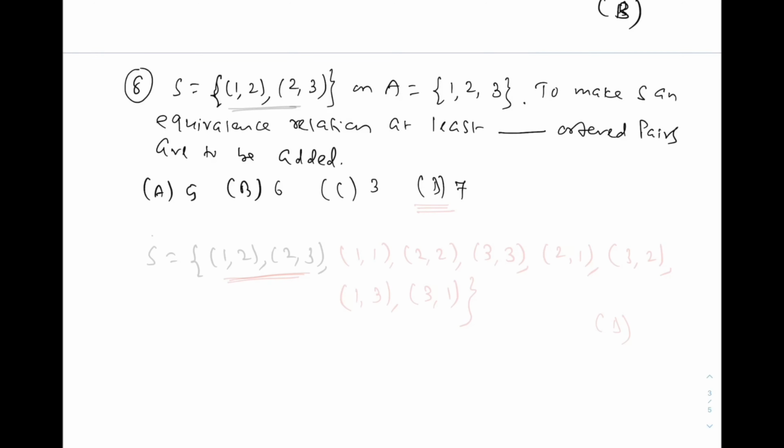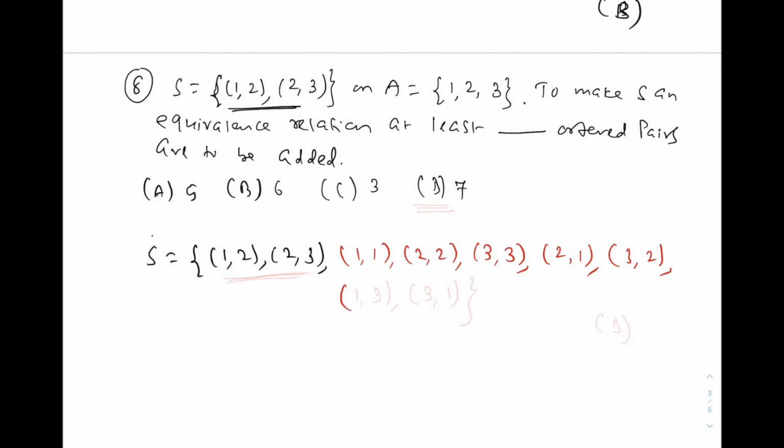Now to make the equivalence relation, these two elements should be there inside the set. So (1,2), (2,3) already there. Now let us see how many pairs we need to add. For reflexive you must need (1,1), (2,2), (3,3). For symmetry, you need (2,1) and (3,2).